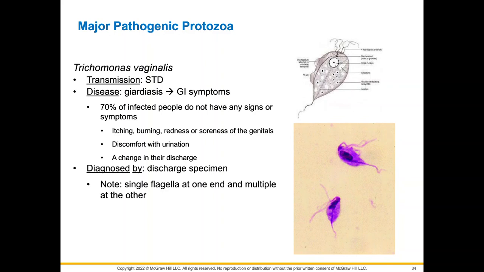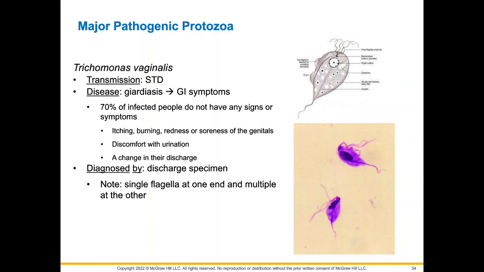My apologies. It causes reproductive issues. 70% of infected people do not have any signs or symptoms, however, which is concerning. It makes it more prone to being transmitted. When it does have symptoms, it's typically going to cause itching, burning, and redness in the genital area, which will also result in discomfort with urination and a change in the discharge produced by the vagina.